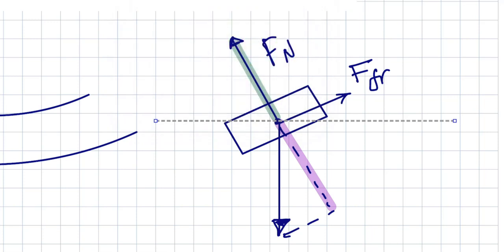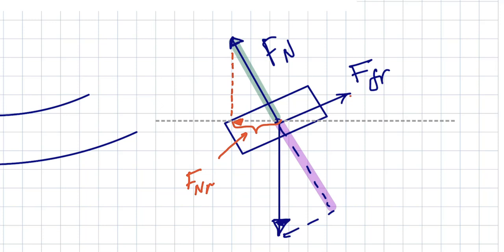Let's do maybe red. So this part that comes as an F and x, I'm going to call that F radial. So that is the radial component of normal force that is pushing to the left. So it is actually the so-called centrifugal force because it's away from the center.